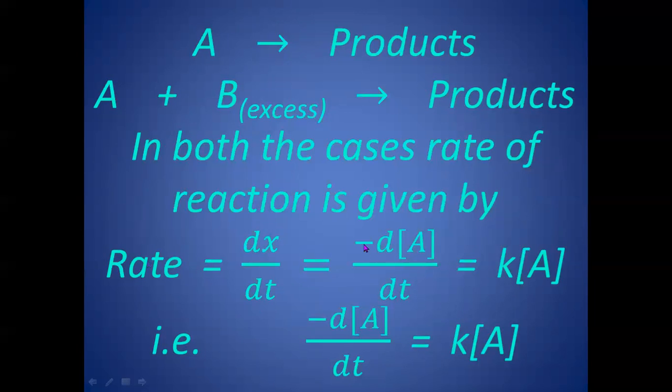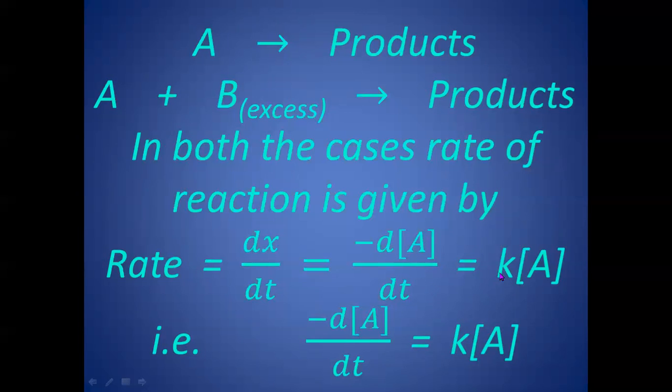Now when we take A as the reactant, you know that the concentration of A decreases with time. Therefore, we represent it with a negative sign. The negative sign is used here to represent that the concentration of reactant A is decreasing.